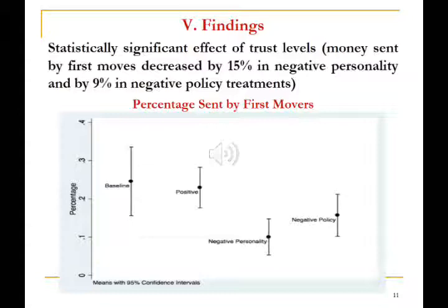There were also effects in the negative policy treatment, where that money was 9% lower than the control. There was absolutely no statistically significant effect for the positive treatment, which more or less we expected, but we still had to run that treatment. So we find initial good support for our hypothesis, and this is just a graph comparing means, of course.